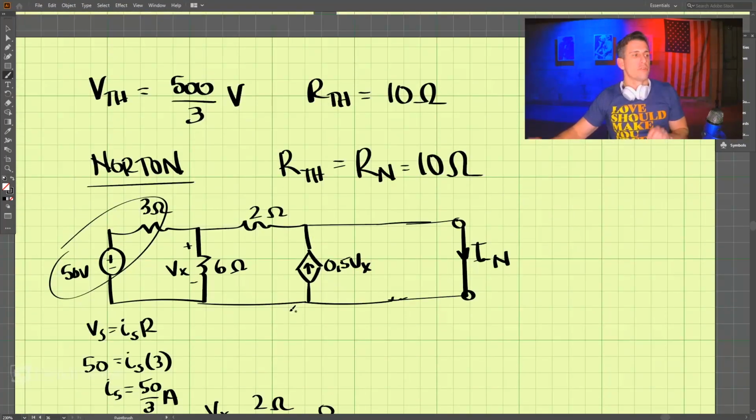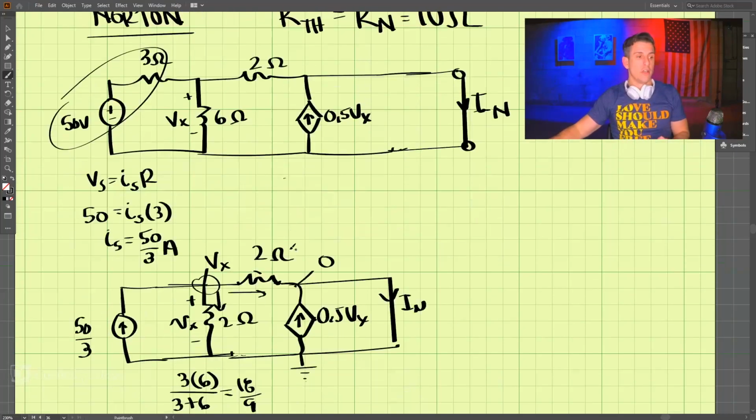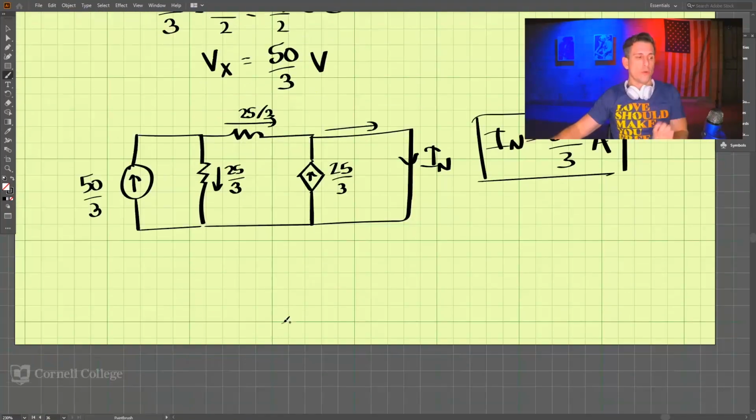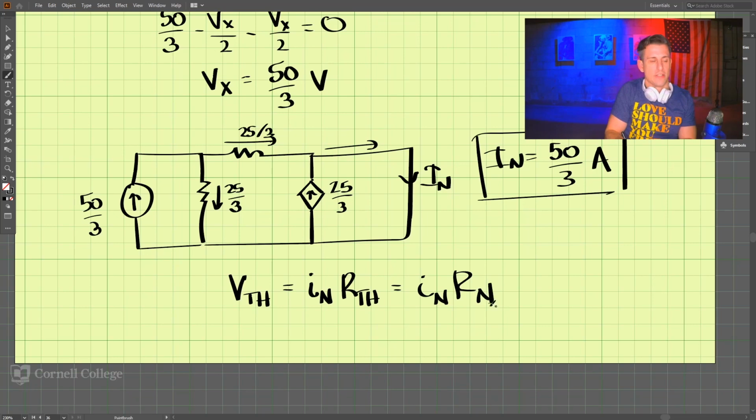Now, going through this problem, we can do that and solve for the Norton current. But you can also take into account that the Thevenin voltage is equal to the Norton current times the Thevenin resistance, which is also equal to the Norton current times the Norton resistance.